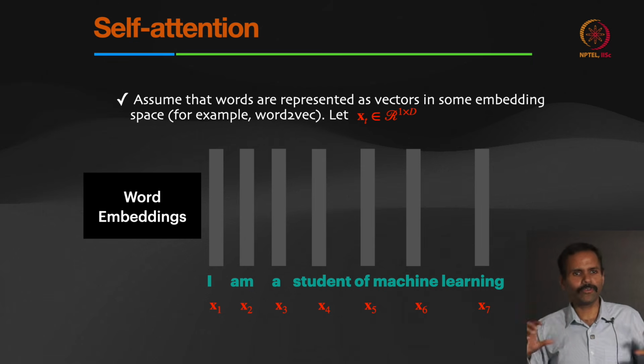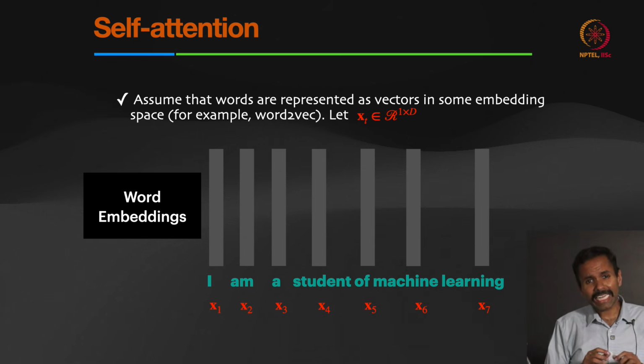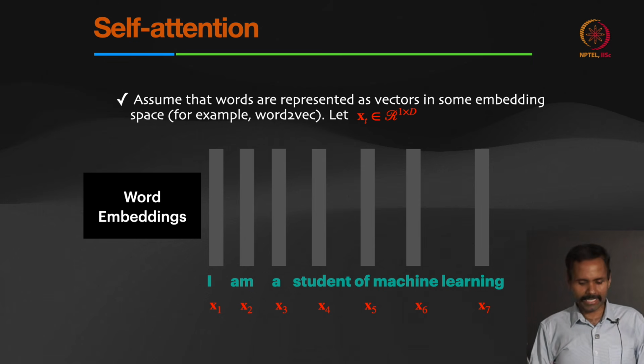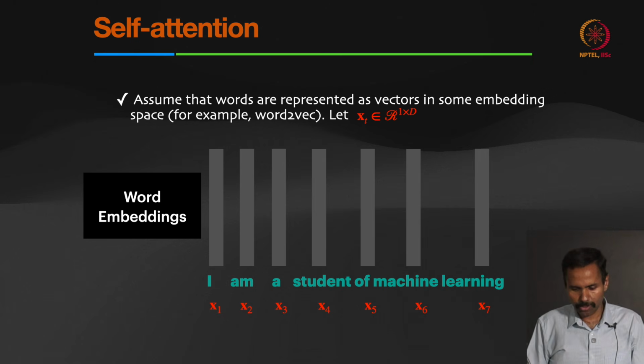Now you have a sequence of 7 words in a particular order, and this is what I am going to call xt, and note that I am notating all of them as row vectors, which becomes useful to consider in terms of the dimensions. So about 7 vectors in time have come.